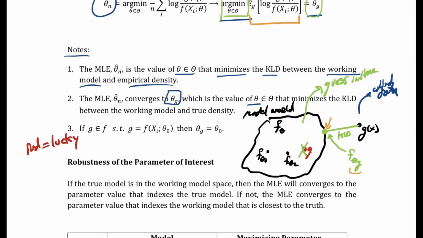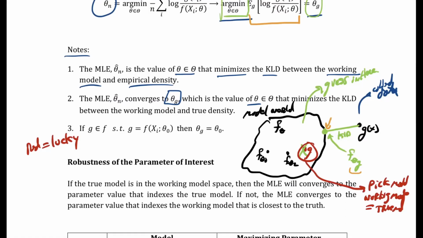So let me rewrite this. Then you end up picking the model. This is the working model equals the true model case. So you end up right where you want to be.